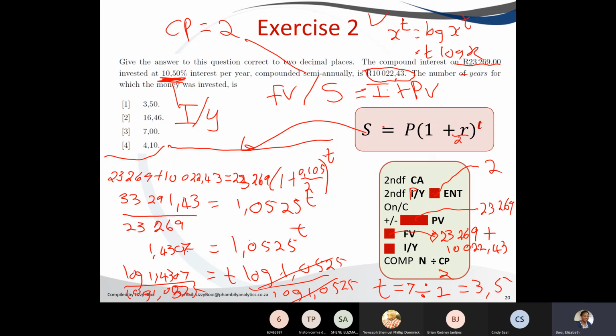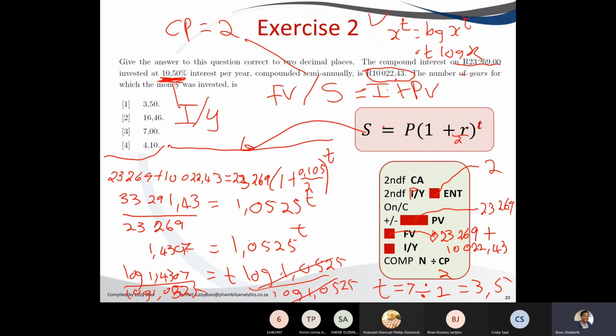You always have to divide by the compounding periods. So the log of 1.4307 divided by the log of 1.0525 should give you 6.99723051, which is equivalent to 7.